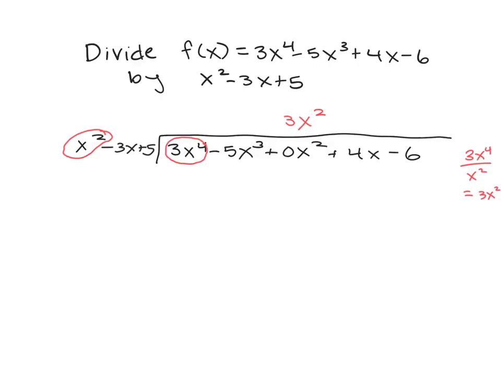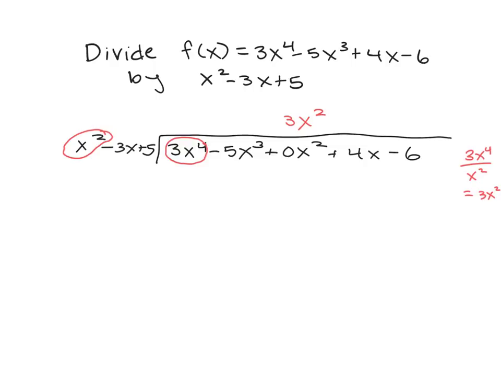And now I'm going to figure out what I get if I multiply 3x squared times this whole thing, x squared minus 3x plus 5. And so I'm going to do that.